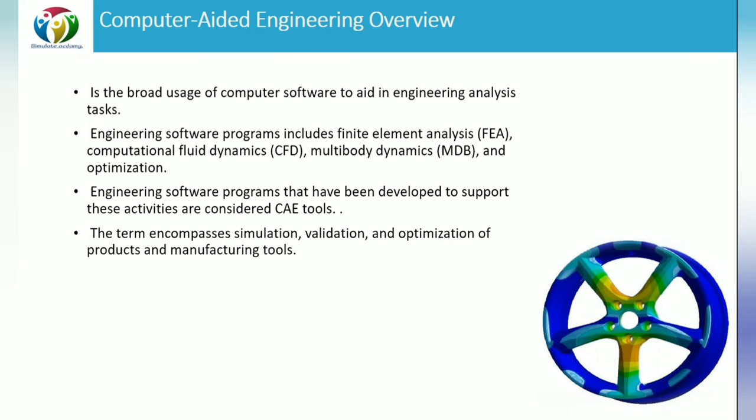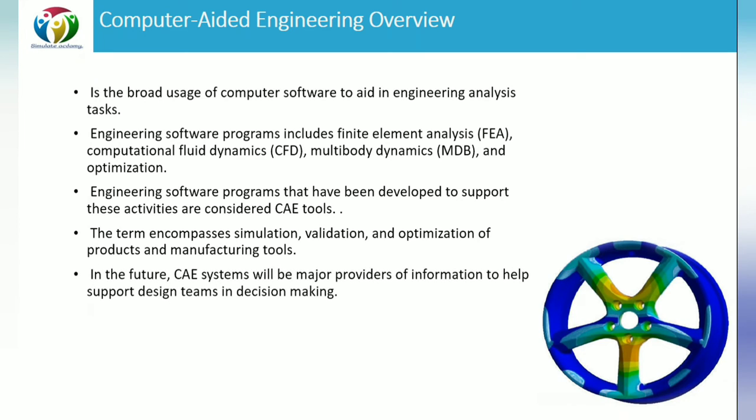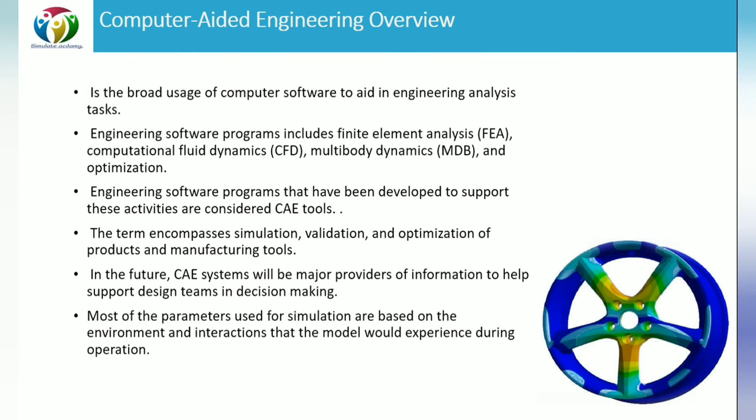The term encompasses the simulation, validation, and optimization of products and manufacturing tools. In future, CAE systems will be a major provider of information to help support design teams in decision making. Most of the parameters used for simulation are based on the environment and interaction that the model would experience during operation.